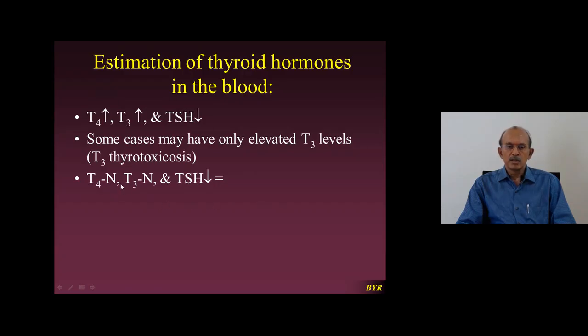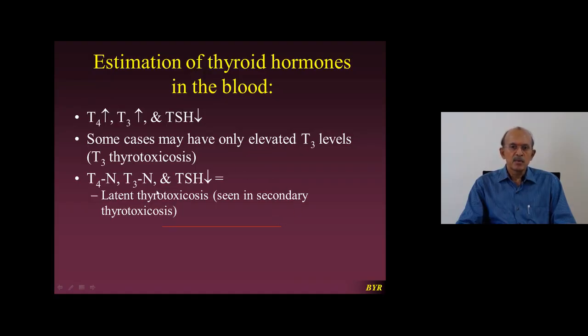When T4 is normal, T3 is normal, but TSH is low, we call it incipient thyrotoxicosis or latent thyrotoxicosis. This is usually seen in secondary thyrotoxicosis, that means in multinodular goiter and solitary nodular goiter. So this is also considered as thyrotoxicosis, but it is latent. It is going to manifest in a few weeks.